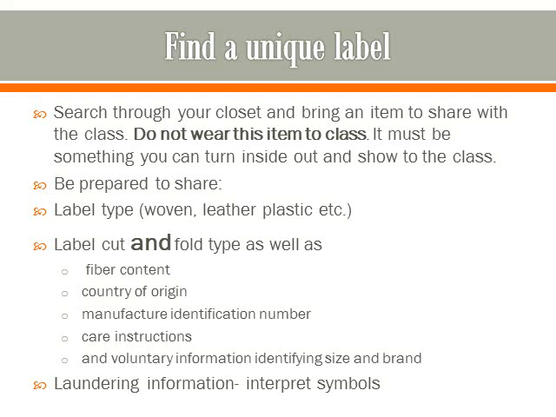How is the label cut? How is it folded? As well as the fiber content, country of origin, the RN number, the care instruction, and then any additional voluntary information such as the size or the brand that's on the labels. And then also I want you to be able to interpret the symbols. So go ahead and get all this done before you come to class so we can share.